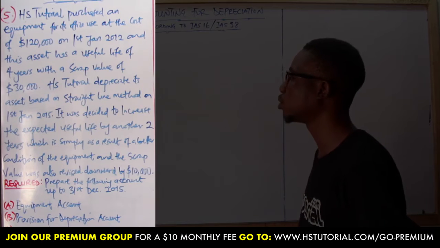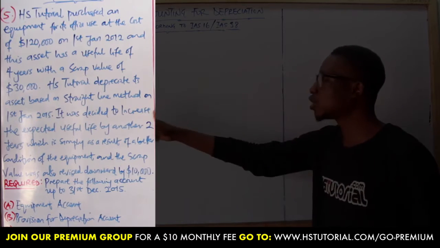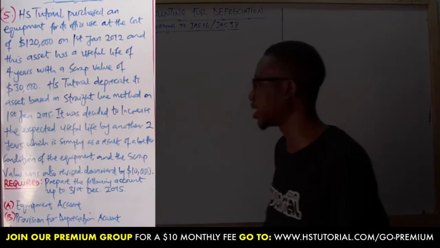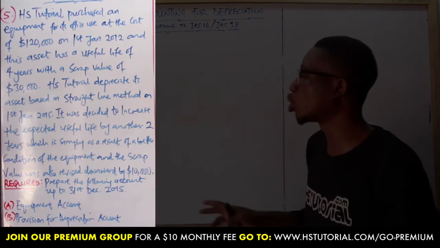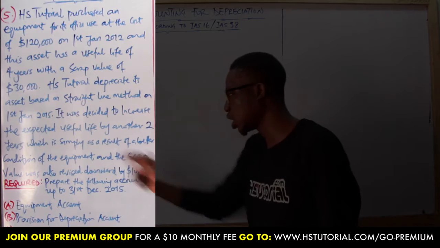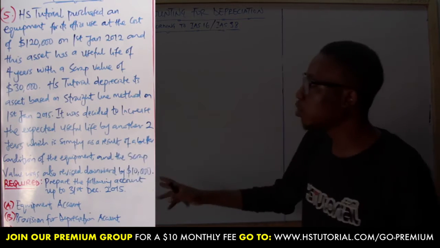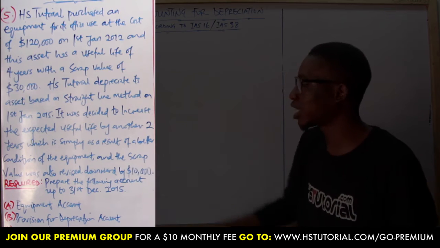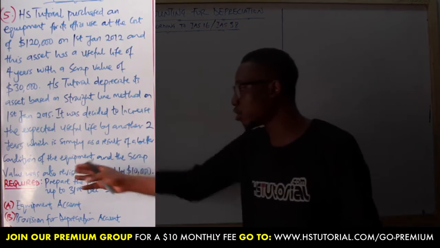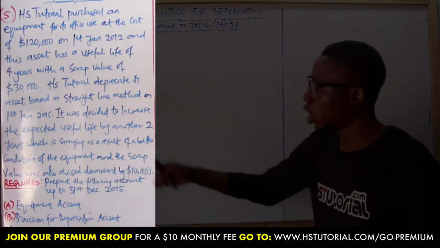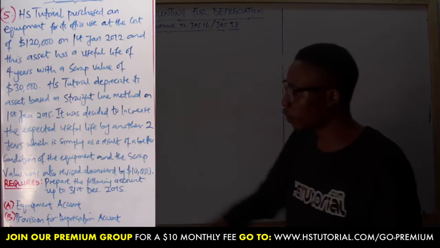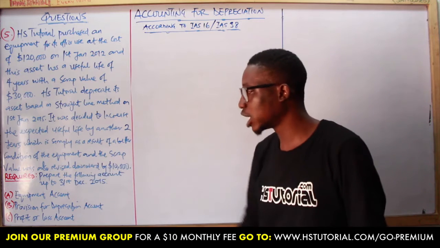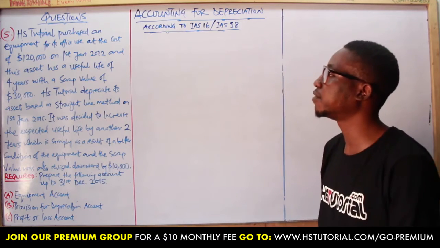On 1st January 2015, it was decided to increase the expected useful life by another 2 years, simply as a result of a better condition of the equipment, and the scrap value was also revised downward by $10,000. So what you are required to prepare here is equipment account, provision for depreciation account, profit and loss account up to 31st December 2015.